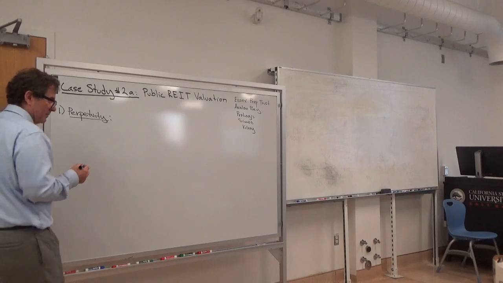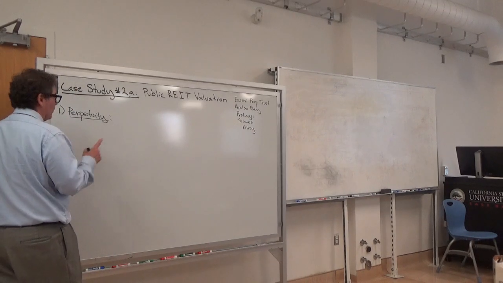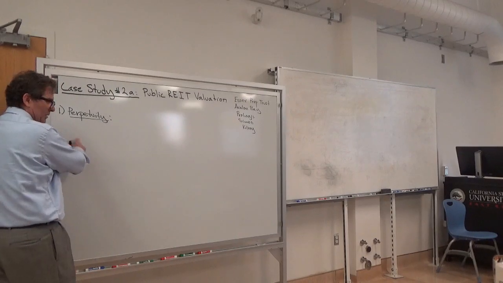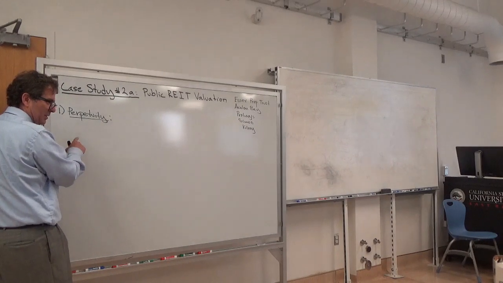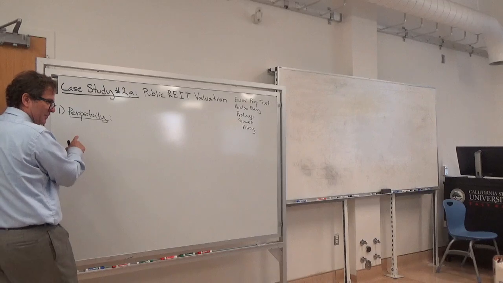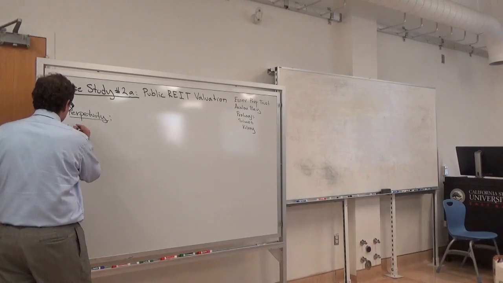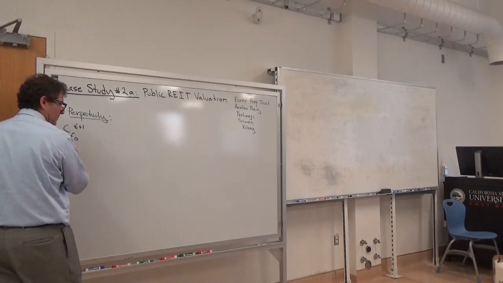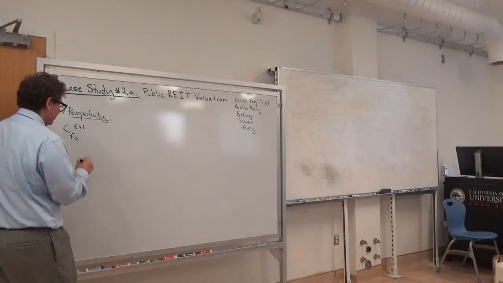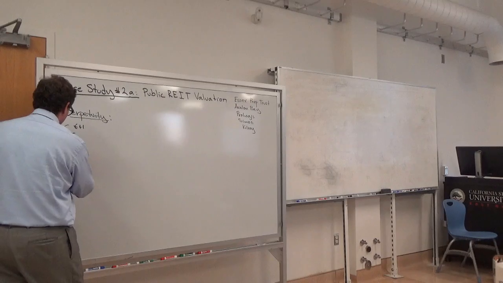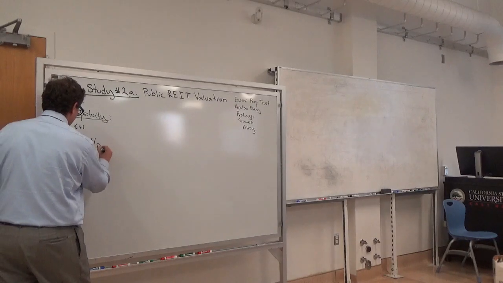It's the net operating income divided. We're not going to use that, but let's just use the theoretical one first. Cash flow T plus 1 divided by the discount rate. That's going to give us the value of that.